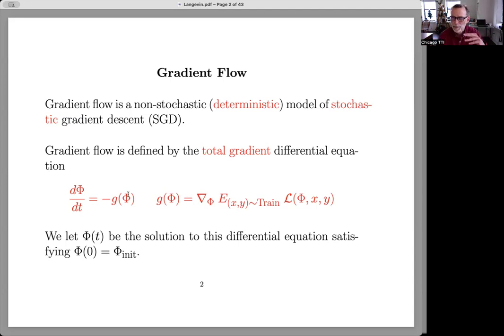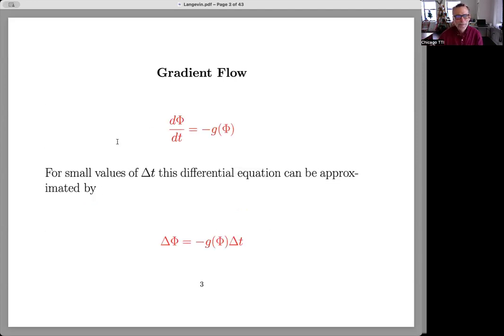So we'll start with some phi zero, that's some initialization, and then this differential equation defines a continuous path through parameter space. So here's the differential equation. The derivative of the parameter vector in this parameter space is minus the gradient at that parameter vector, the gradient of the loss function. And here I'm considering a total loss, or maybe an average over the population.